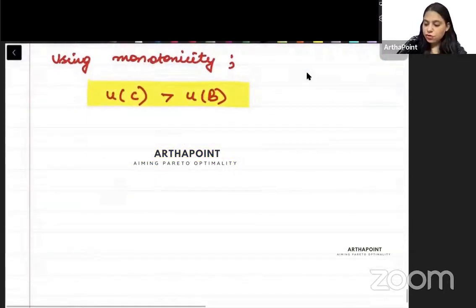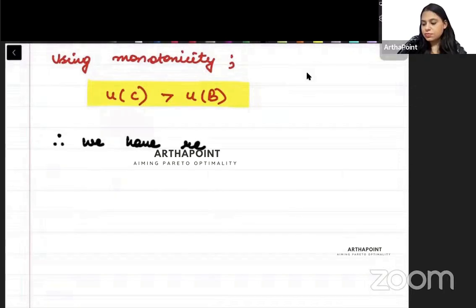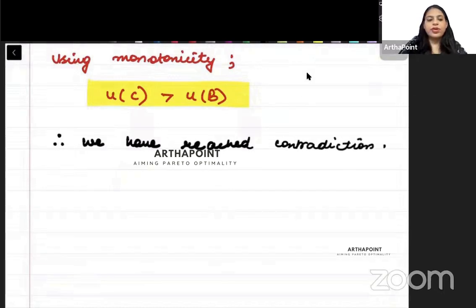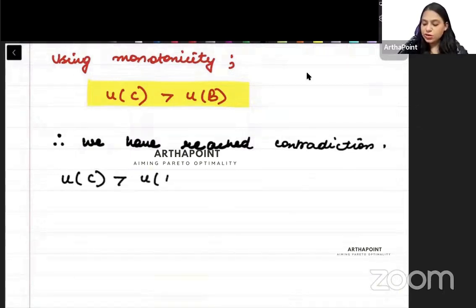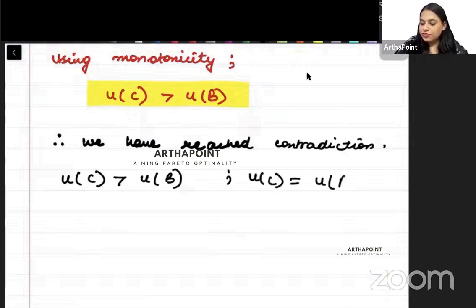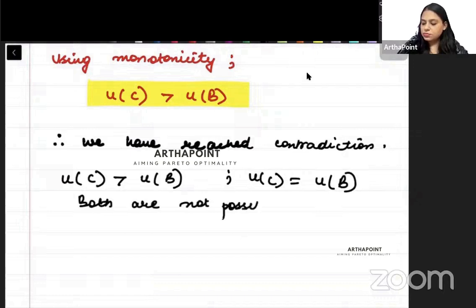So we have reached a contradiction. One is telling me that utility of C is more than utility of B. The other is telling me utility from C should be equal to utility from B. Both are not possible simultaneously.